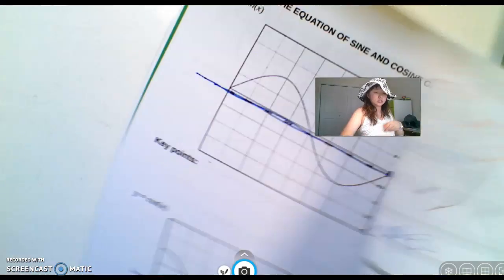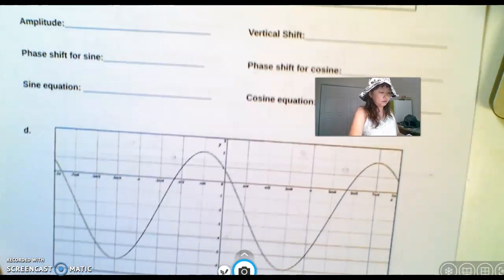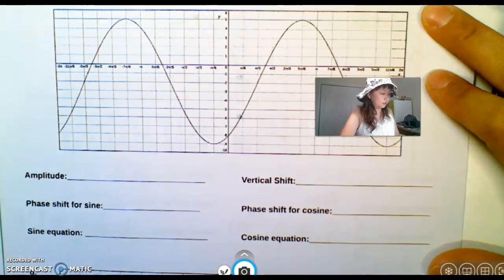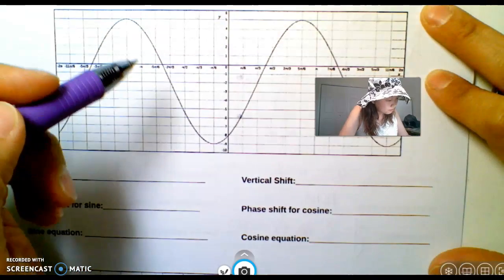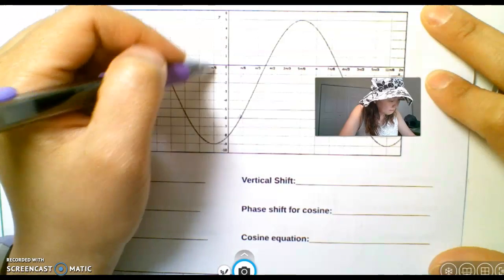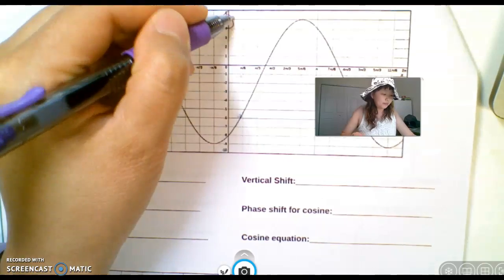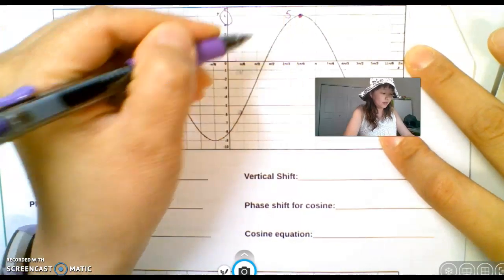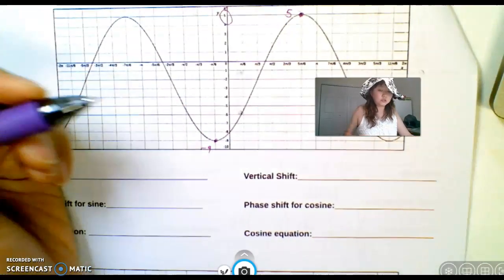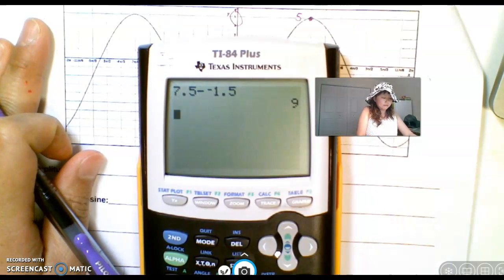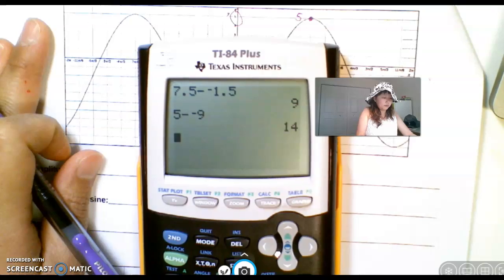Oh my gosh, I want to do one more before you stop watching the video. Man, this is kind of hard. Okay, 5 and negative 9. I see 5 at the maximum, and the lowest I see is negative 9. The difference is 5 minus negative 9, 14.